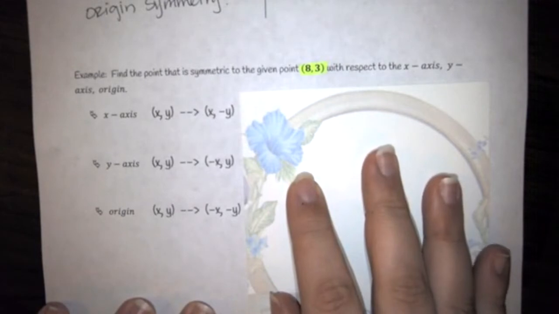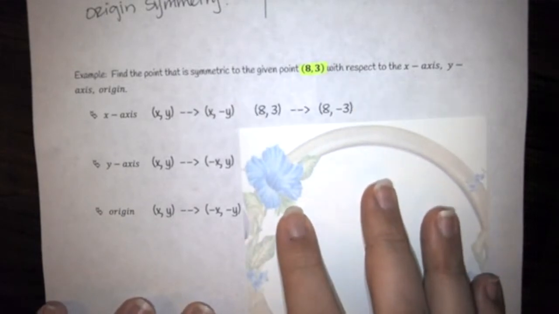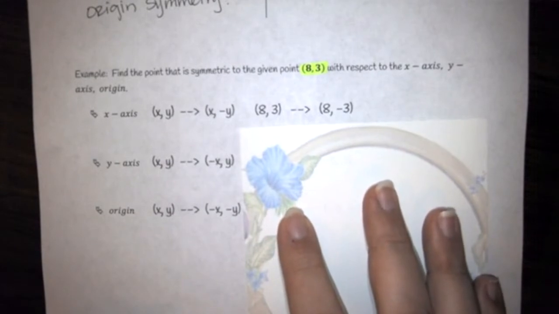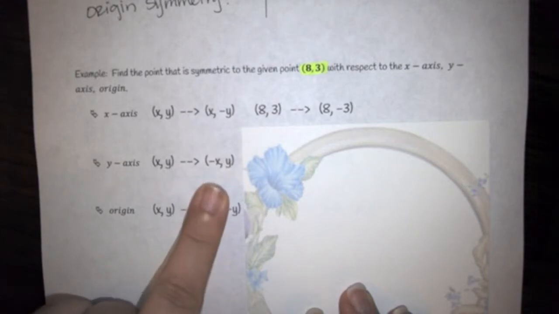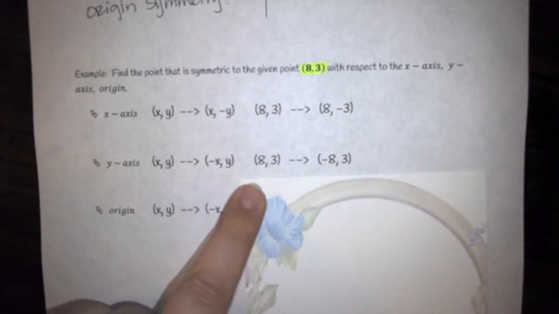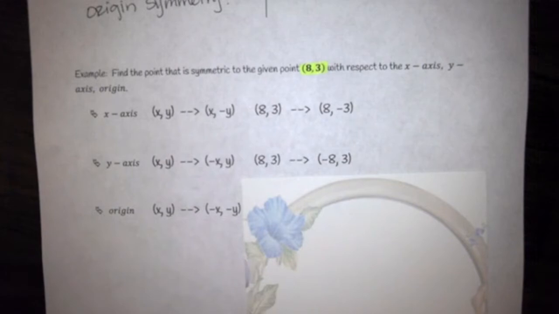So if we look at that idea, my original point was the point 8, 3. Therefore, its symmetry point has to be the point 8, negative 3. Now when we talk about y-axis, we are talking here about the point where I have the negative of my x, but my y stays the same. Therefore, its symmetry point has to be negative 8, 3.